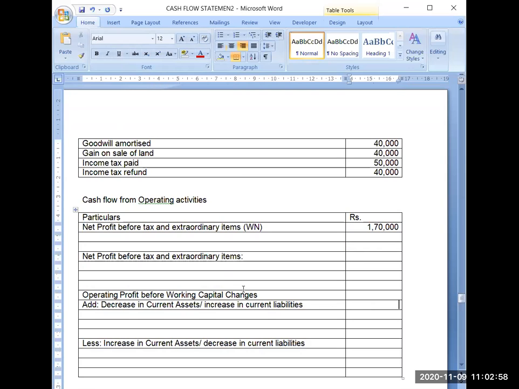Now we have to add non-operating expenses and non-cash expenses in that. Add non-cash and non-operating expenses.